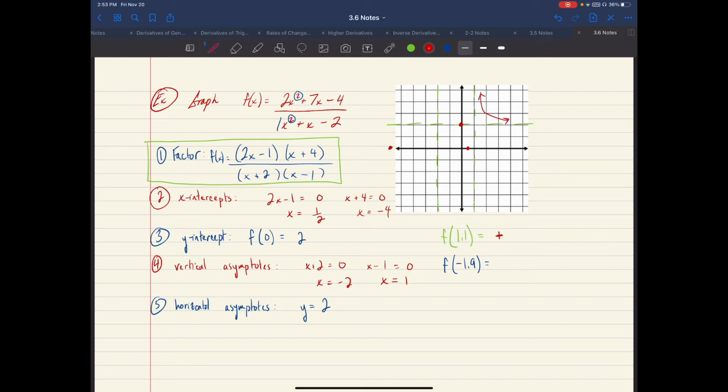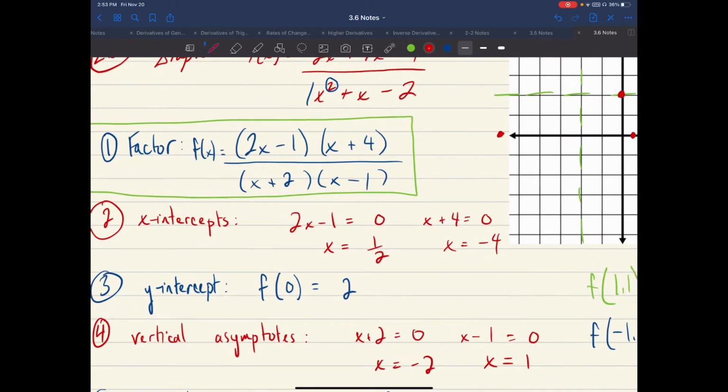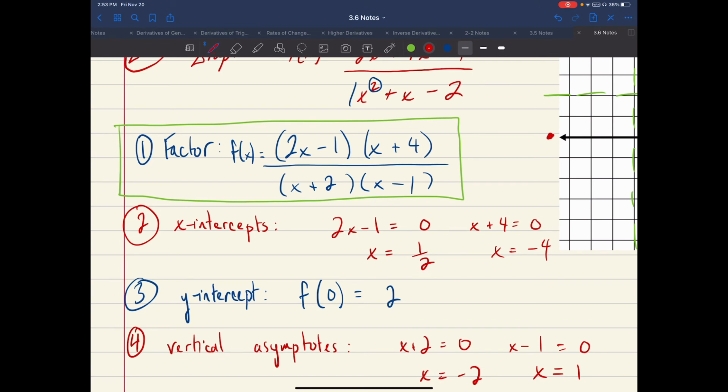Okay, so f of -1.9. If I plug that into 2x minus 1, so -1.9 times 2 minus 1, that's going to give me a negative. If I plug in -1.9 to x plus 4, that will give me a positive. If I plug in -1.9 to x plus 2, that's also a positive.